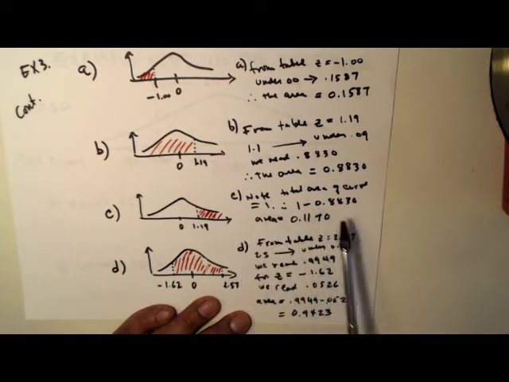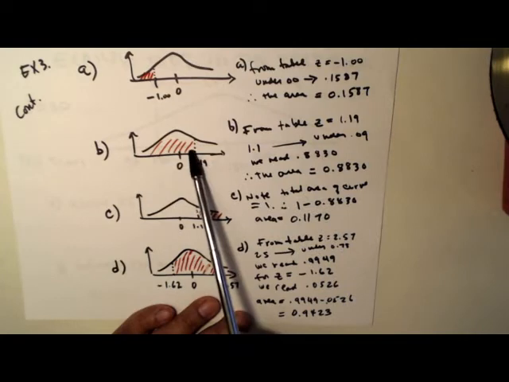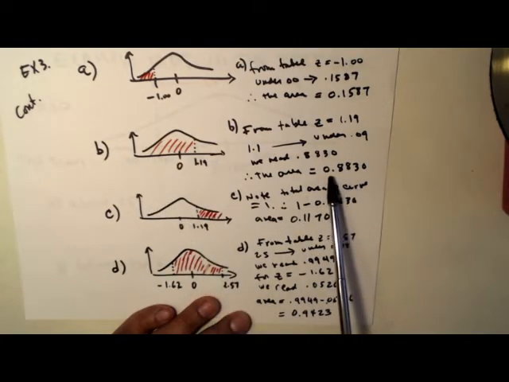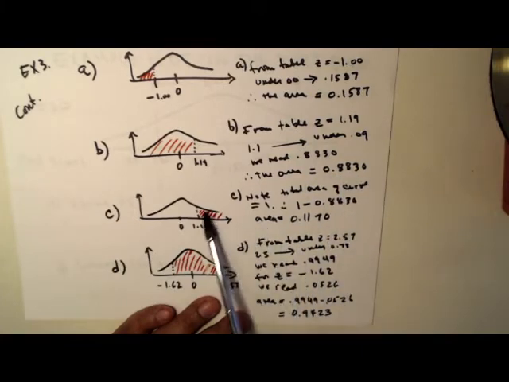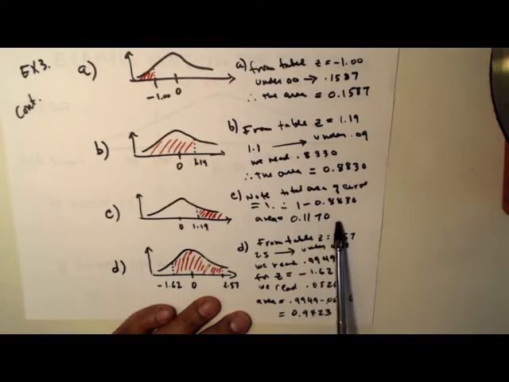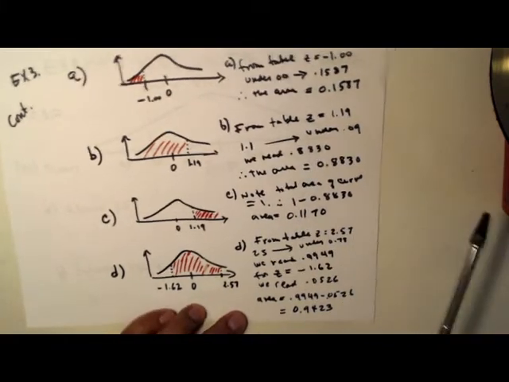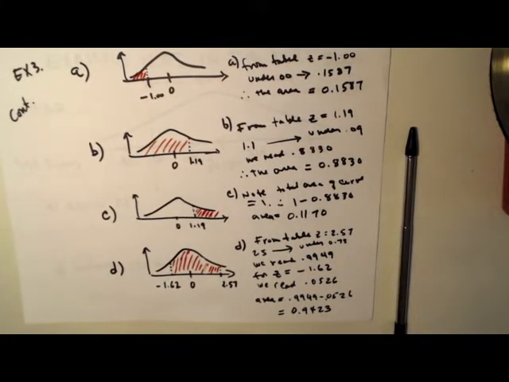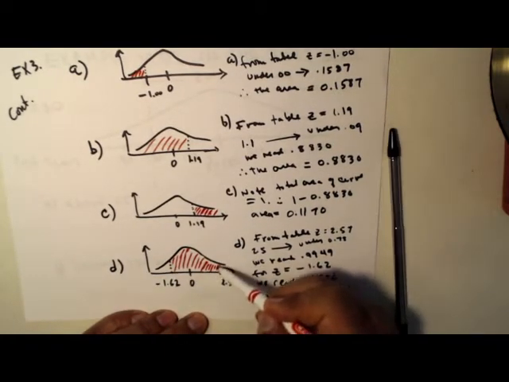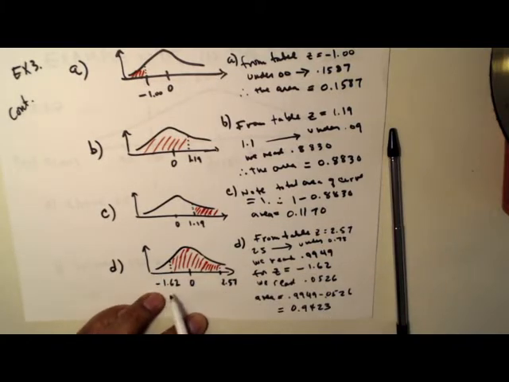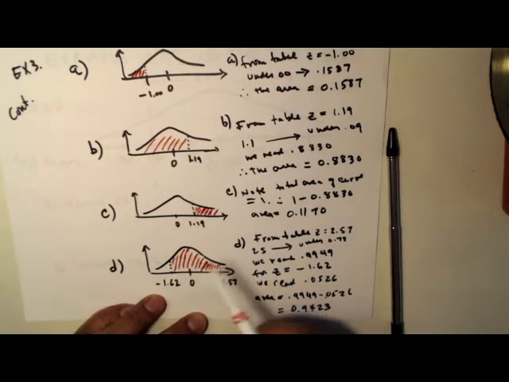Therefore, it will be 1 minus the area that we calculated before, 0.8830, and this area will be equal, in decimal form, to 0.1170. And now we have the case in which they're asking us to calculate what's in between these numbers, minus 1.62 to 2.57. So we need to calculate this area here.